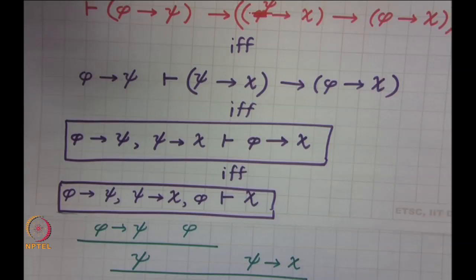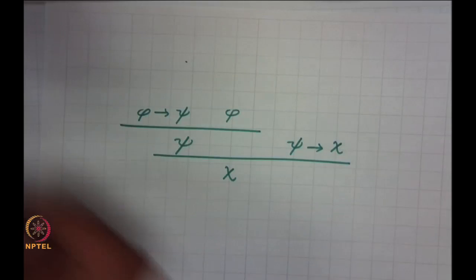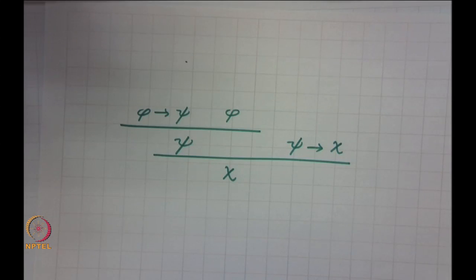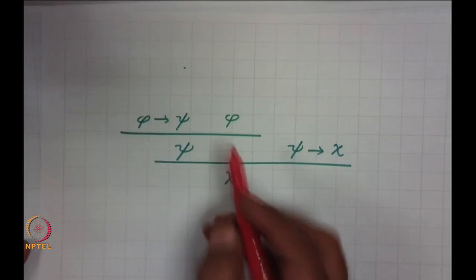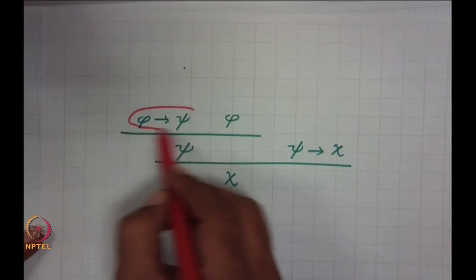So what we are essentially going to do is look at this deduction theorem. We are going to assume this much; you can think of these as assumptions from gamma, right.